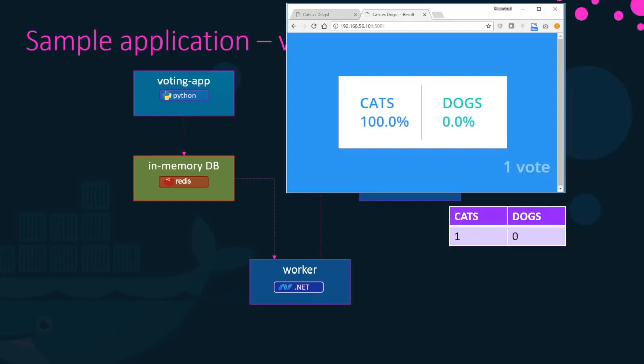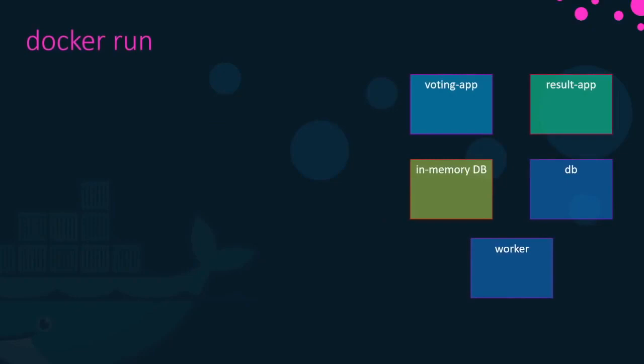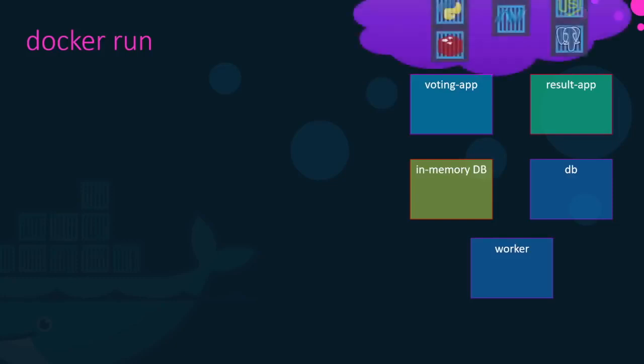Let us keep aside Docker Swarm, services, and stacks for a minute and see how we can put together this application stack on a single Docker engine using first docker run commands and then Docker Compose. Let us assume that all images of applications are already built and are available on Docker repository.